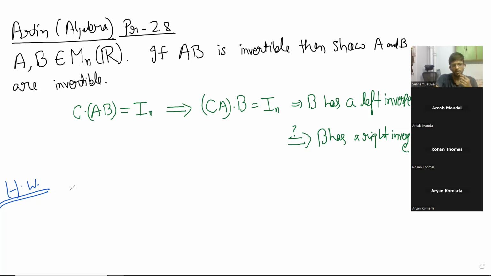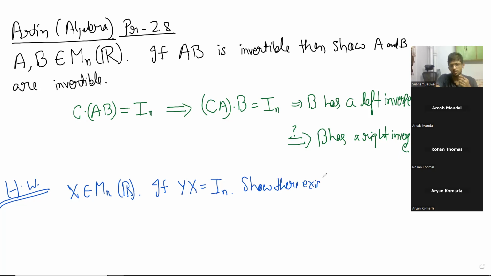So let X be in M_n(R). If YX is equal to identity, then show that there exists Z such that XZ is equal to identity.